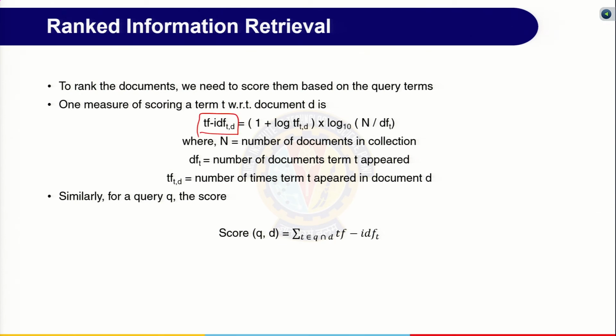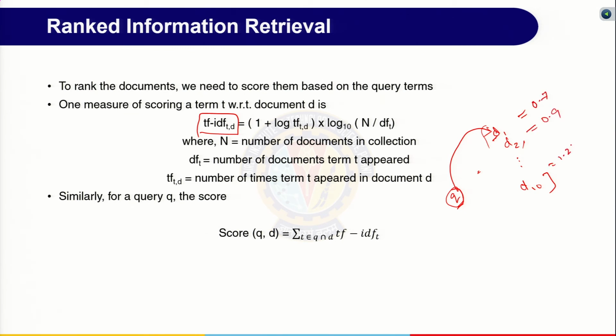A TF-IDF score says that given a query, let's say I have retrieved 10 documents using my traditional Boolean IR or maybe the inverted index. Now my task is to rank them by how relevant they are to this query. What I do is I look at all the terms in this query and I count each of those terms for each document and assign a score.